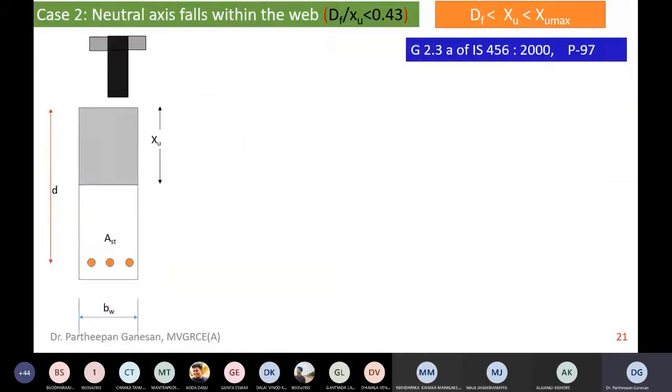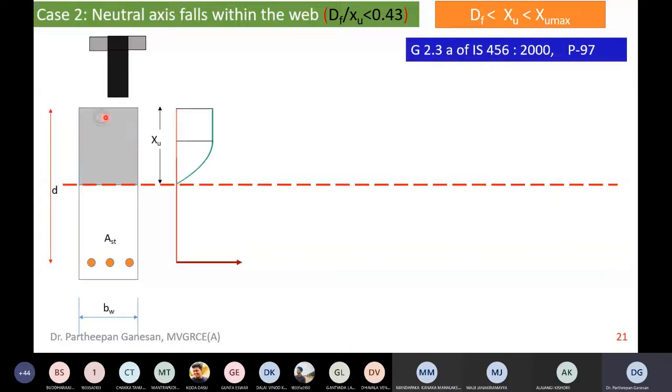Now I am taking this same thing again. This is xu, the neutral axis depth, and this is a rectangular part. For this rectangular part, when the compressive stress distribution is like this, you already know this Cw is equal to 0.36 fck xu.